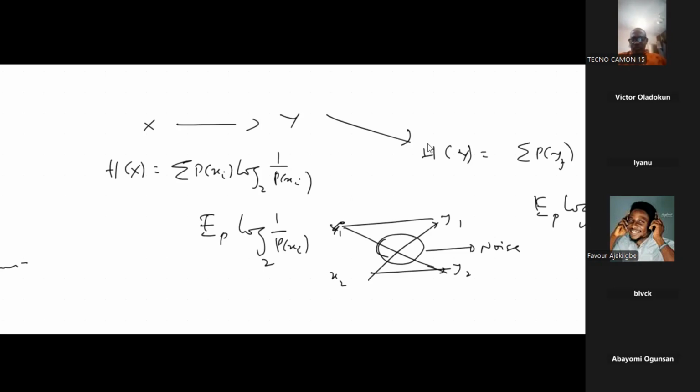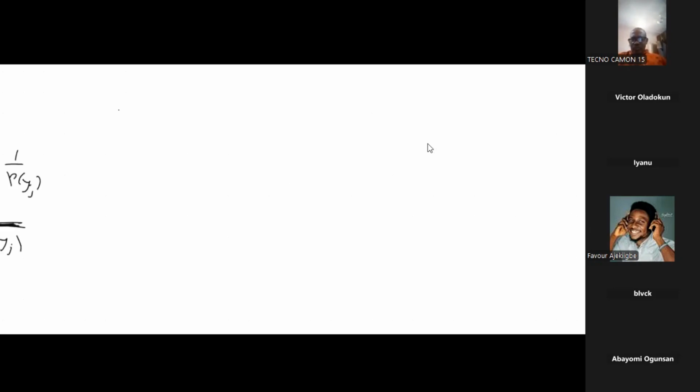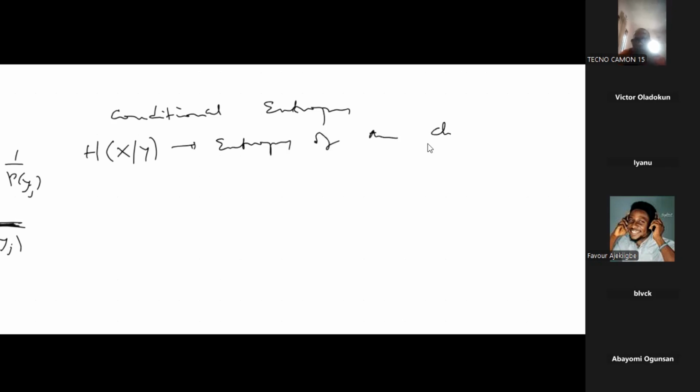We equally have conditional entropy. So we could have the conditional entropy H(X given Y) when Y has been received. We are saying that this is the entropy of the channel input X given that the output Y has been received.